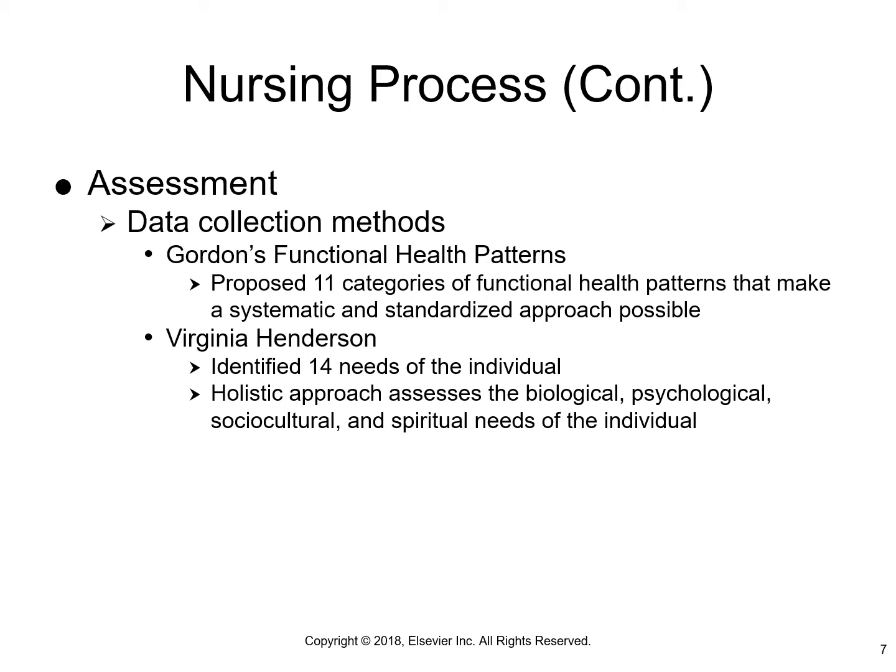Henderson believed that people both ill and well had nursing care needs in order to maintain balance achieved by attending to the 14 basic needs. This holistic approach assesses the biological, psychological, sociocultural, and spiritual needs of the individual. Both of these methods will assist you in identifying dysfunctional patterns.